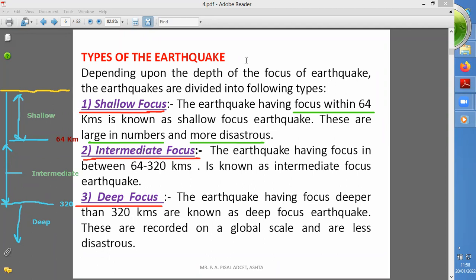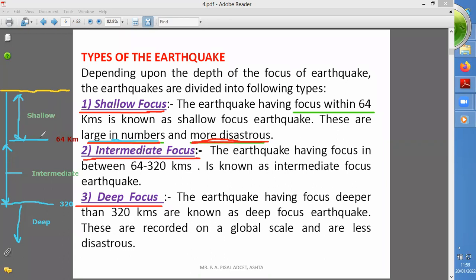Now, remember some important points related to these three types. First, shallow focus earthquakes are large in number. If there are 1,000 earthquakes per year throughout the world, then about 90% are of this type, having the focus within 64 kilometers, and these are more disastrous.